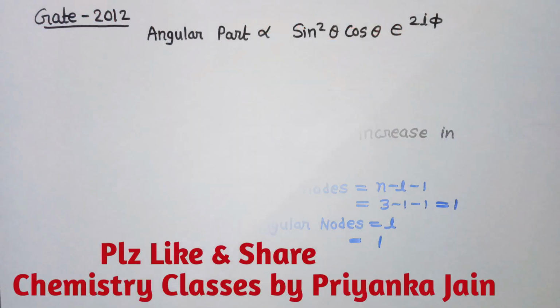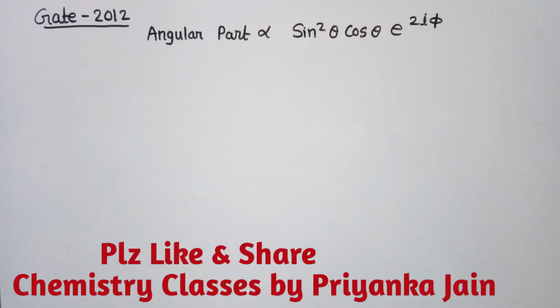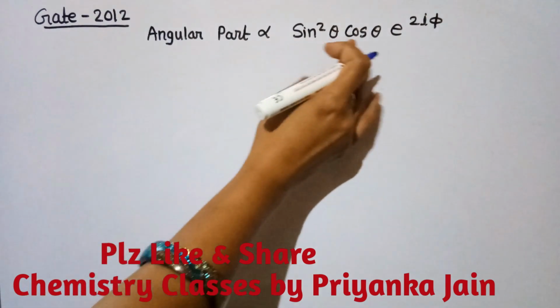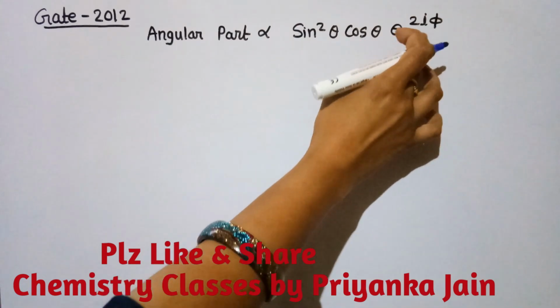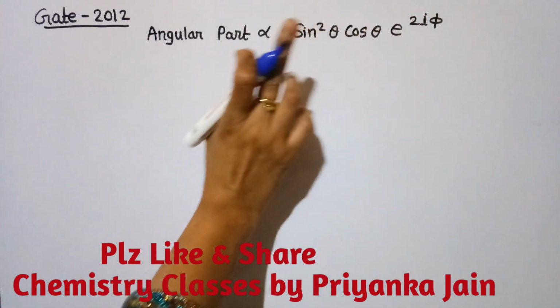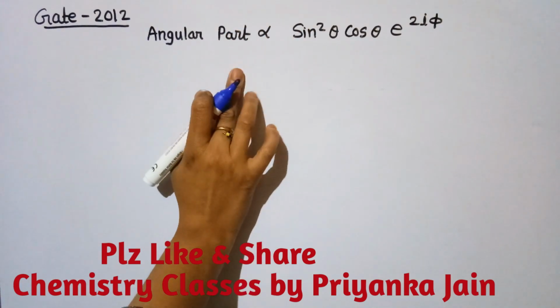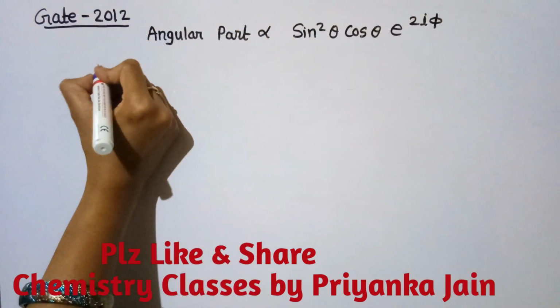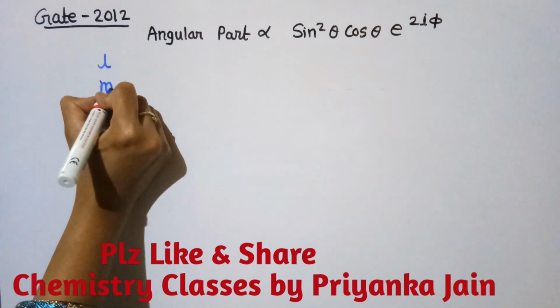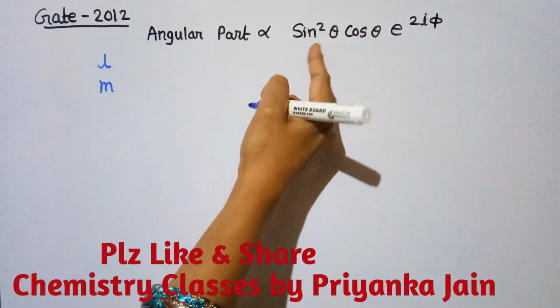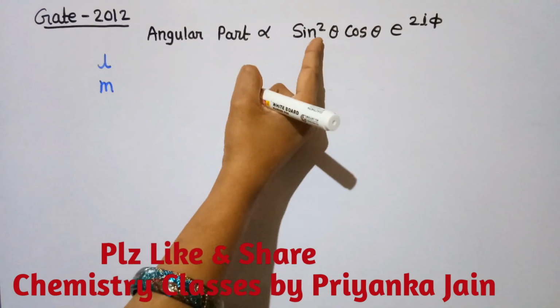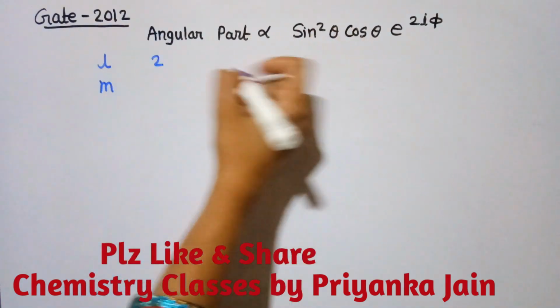Alright, now see this question from GATE 2012. The question is very simple. We have been given that the angular part of the wave function is proportional to sin square theta cos theta e to power 2 iota phi. And now we have to find the value of the azimuthal and magnetic quantum numbers. It means we have to find the value of L and M. For L we have to see the powers of sin theta and cos theta. The power of this is 2 and its power is 1.